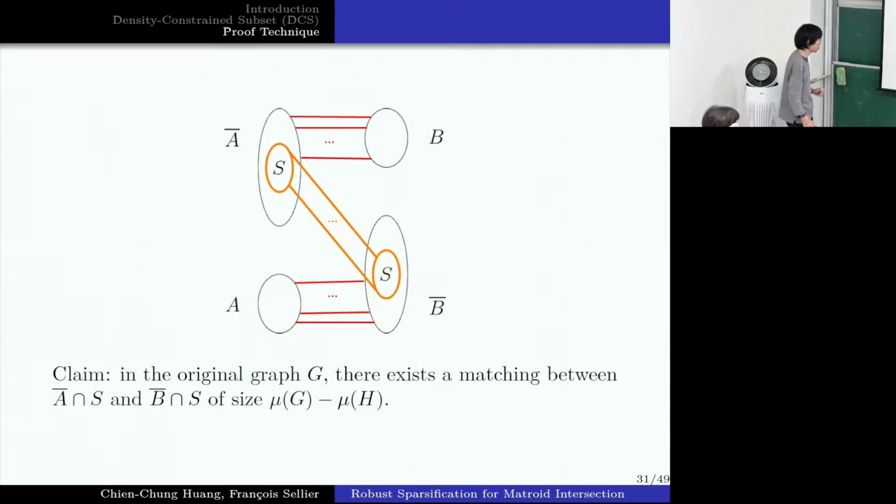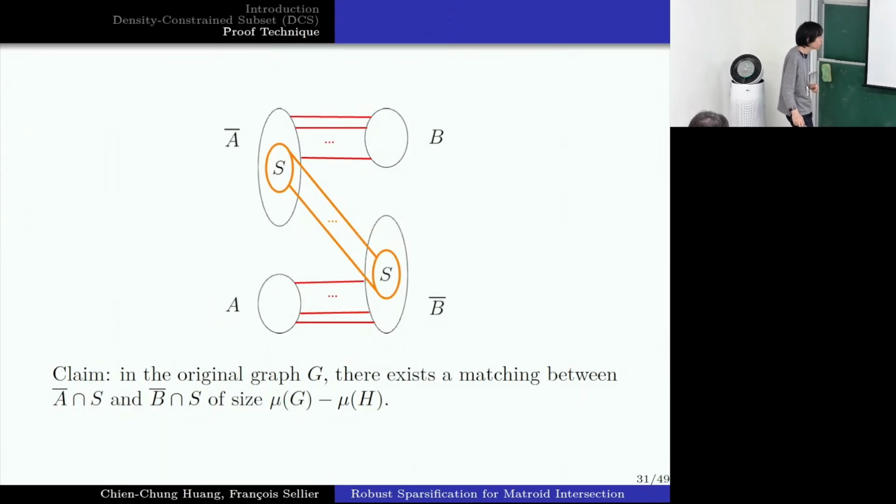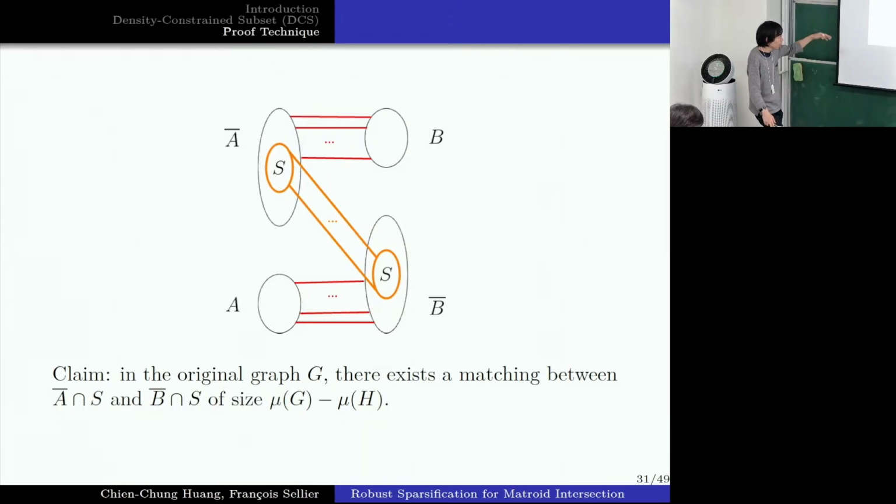So here's the first main claim. I claim that in the original graph G, there should exist a matching. There's a subset S in A bar and also a subset in B bar.